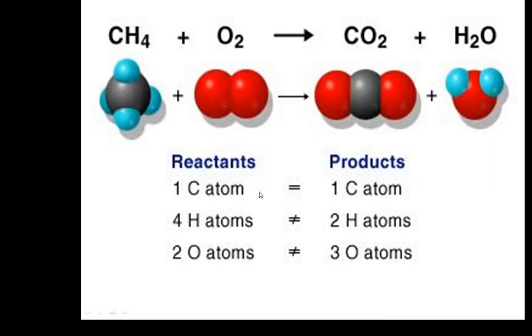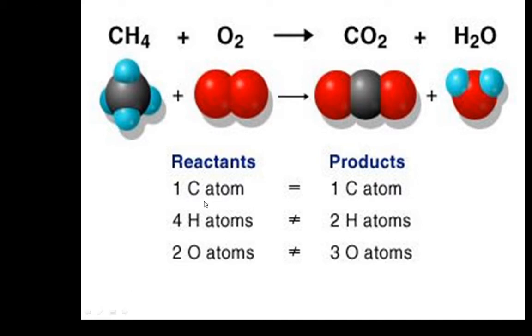Okay. So now we'll move to one important part, that is how to balance a chemical equation. Look here, CH4, that is methane, plus O2, oxygen, it will give CO2, that is carbon dioxide, and water molecule. Now we have to observe the reactant part and then the product part.